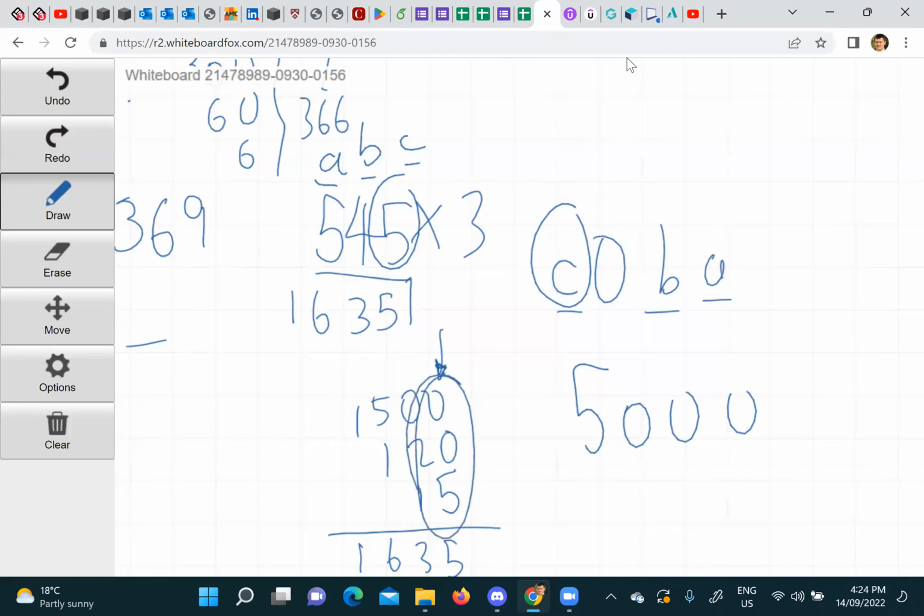You just have to know how big it is to know that it can't be 5,000. So 545 ends in a 5, which means this C is a 5, and so it has to be 5,000 or more. And there's no way you can get to 5,000 by timesing 545 by 3. So you don't actually have to be totally accurate to get what you need out of the problem. Do you understand?